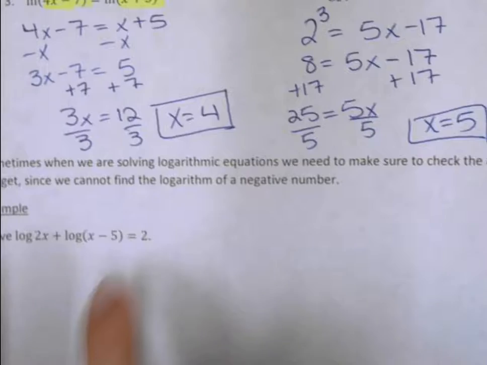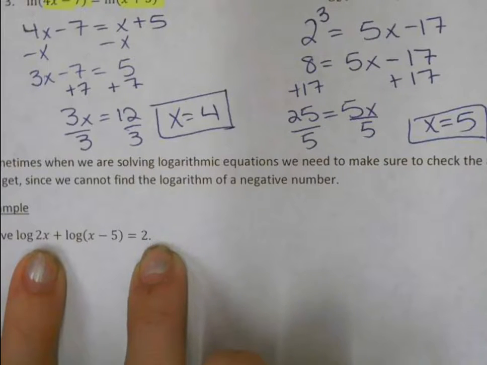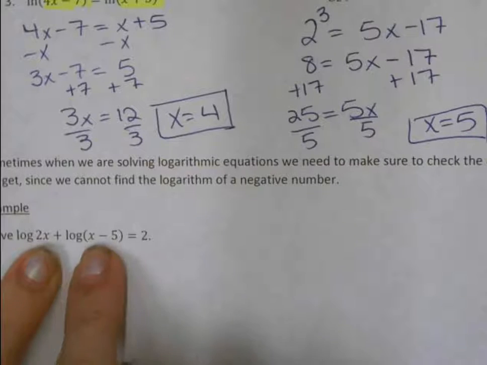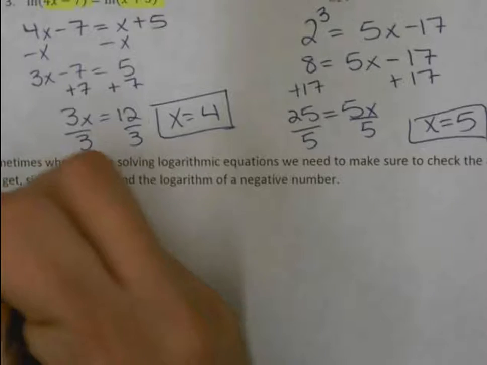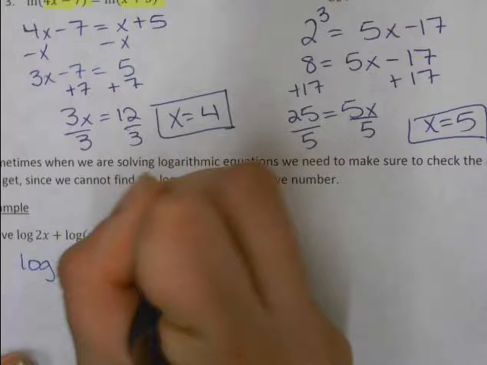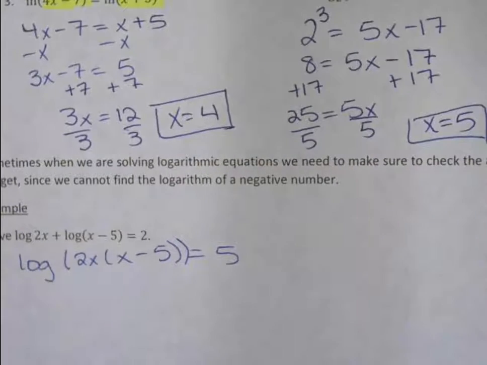So notice this one I have 2 logarithms and then equals a number. The way I want to solve this first is I want to condense it. When I condense them, I multiply the insides together. So then it's going to be log of 2x times x minus 5, and it still equals 2.